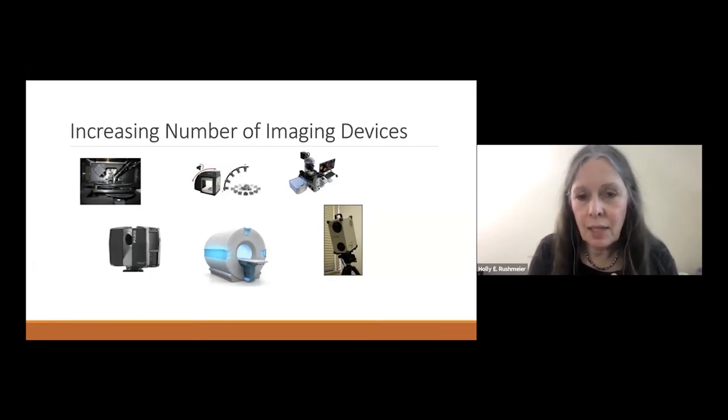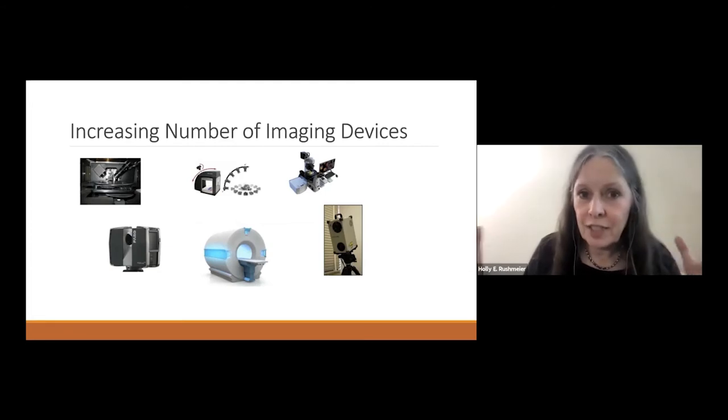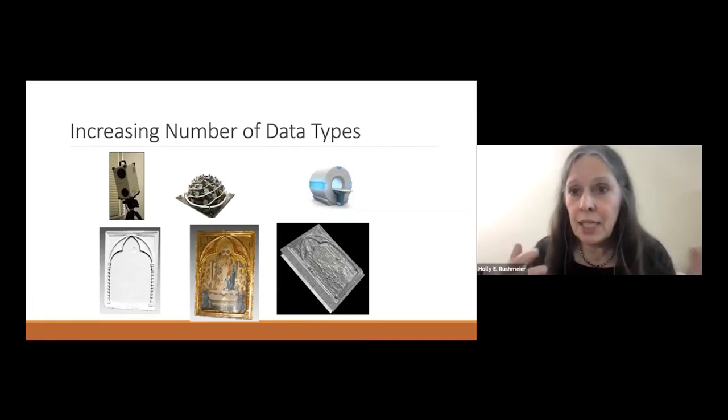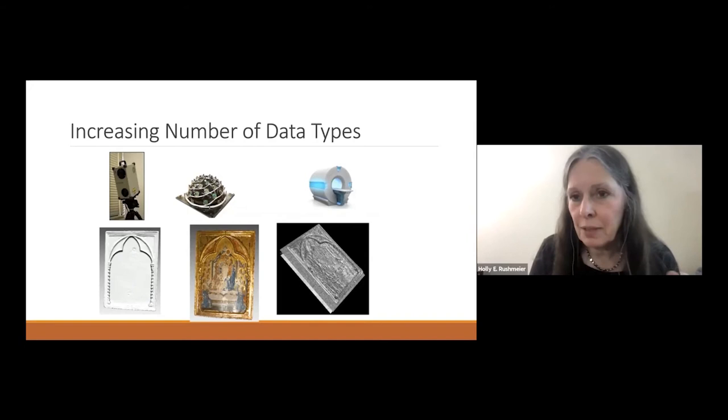You can get various surface scans and multispectral and so forth. So you've got this barrage of different kinds of imaging information that we can get. And each comes with its own data type. The surface would be some sort of mesh.